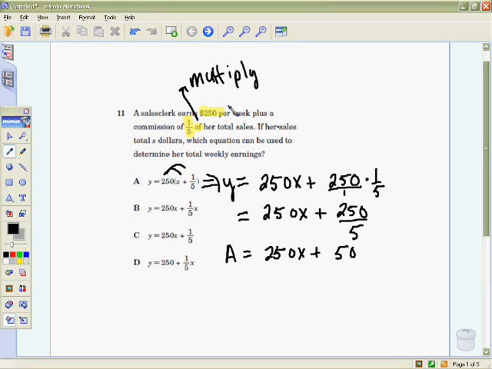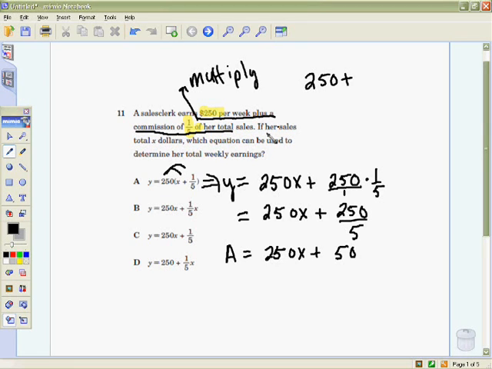If I want to just start from scratch and ignore all of my answer choices and write an equation representing this data, we need to notice that we can take this written statement, use these keywords, and transfer it into an algebraic expression. 250 per week plus, let's just try that out. 250 plus a commission of 1/5 of her total sales.